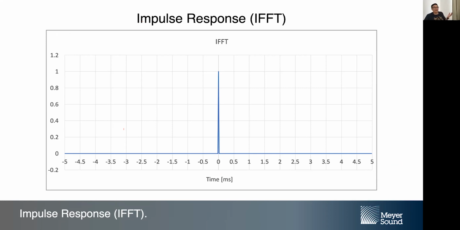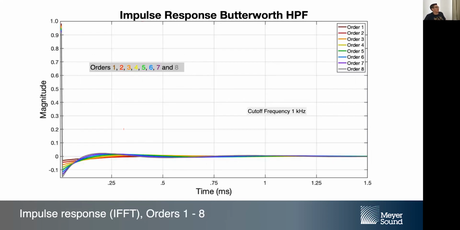If we use a high pass filter, the input response is going to change, as we're going to see in the next slide. In this slide, we're starting at 0 milliseconds, around here, and going all the way to 1.5 milliseconds.